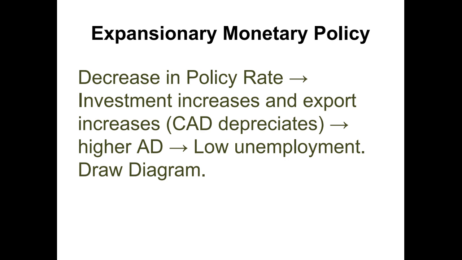So if there's unemployment in the country right now, that is in 2023, we have lower inflation and higher unemployment. So the Bank of Canada has been decreasing the policy rate for the third time in a row. So when the policy rate decreases, exactly the opposite happens. That is, investment increases and export also increases.